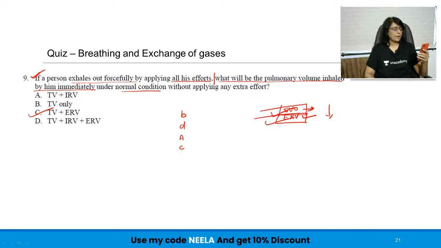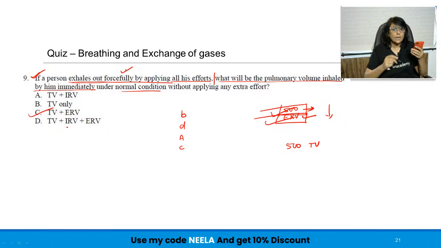He is not applying any effort for inhalation. It is not forceful inhalation. If it was forceful inhalation, then it would have been inspiratory reserve volume also. Okay, one more time. The person exhales out forcefully. How can you exhale forcefully? Once you exhale normally, the tidal volume, that is 500 ml, goes out.